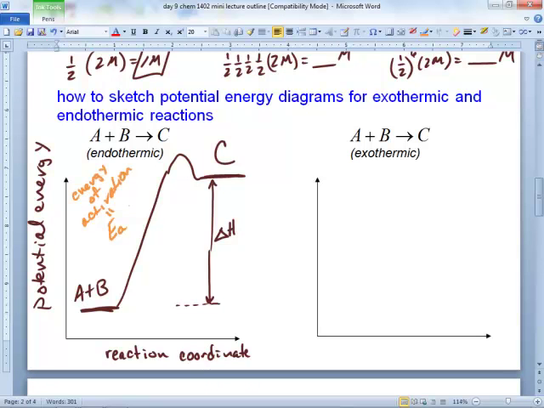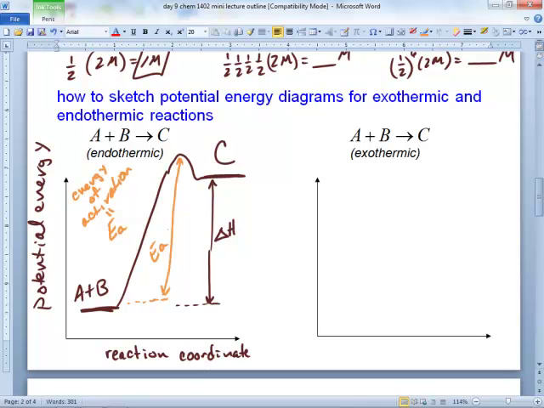So you start wherever the reactants are, and you're going to have to draw it all the way to the top of that hump, because that's how much energy it needs. Catalysts might be a little more than you need to know, but catalysts end up lowering that hump is all.